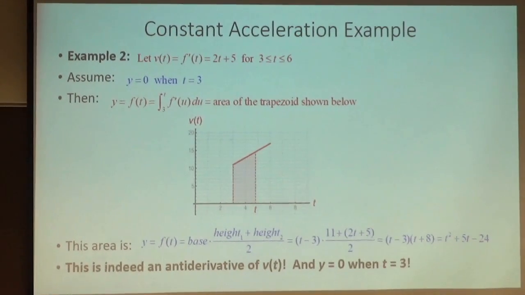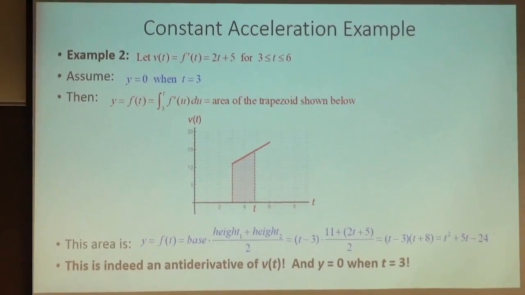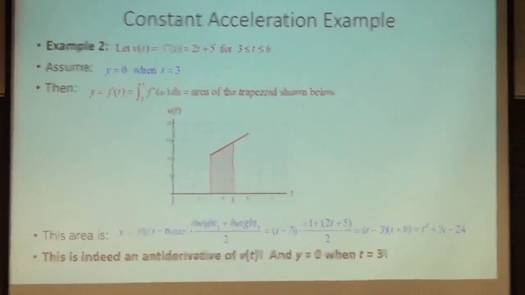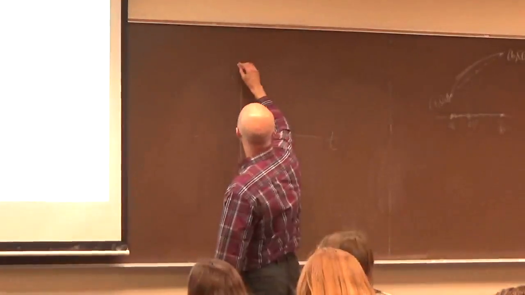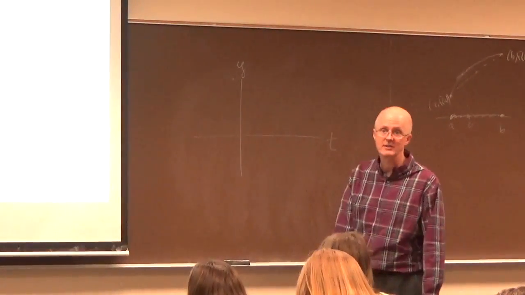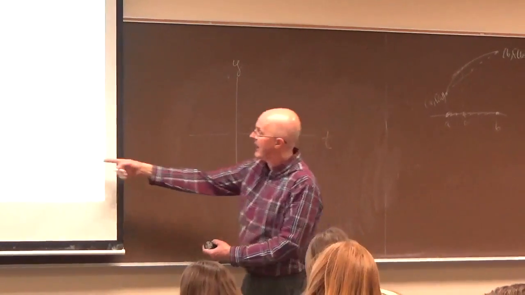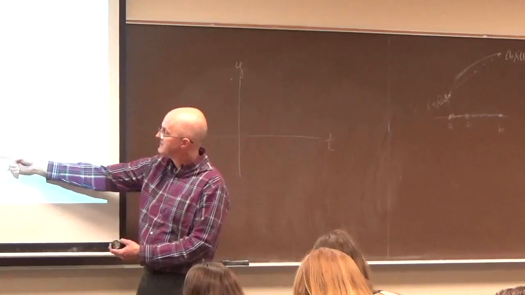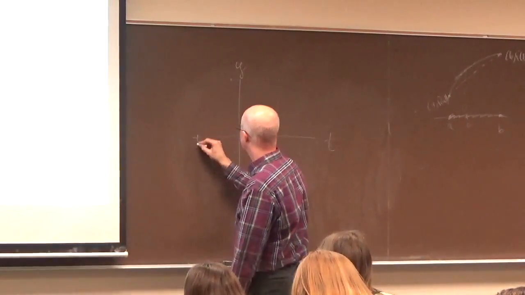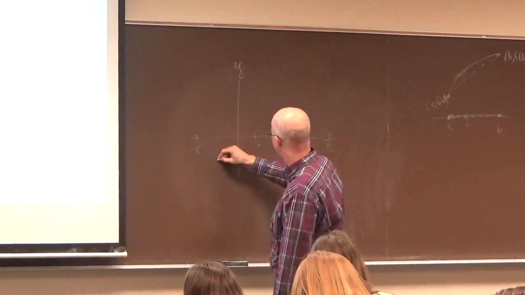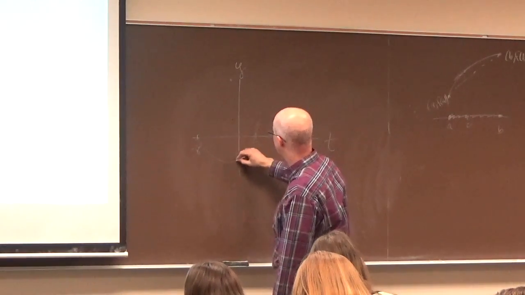And I can graph this function as well. I didn't take the time to do that. Maybe I should have. If you graph this position function, the whole graph is a parabola with intercepts at 3 and negative 8, opening upward about like this.